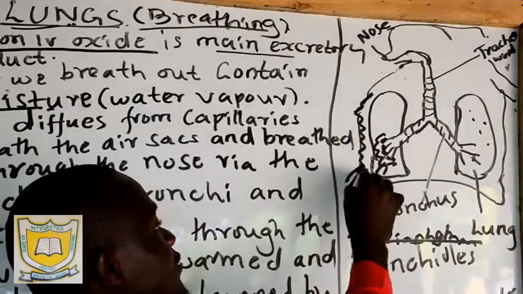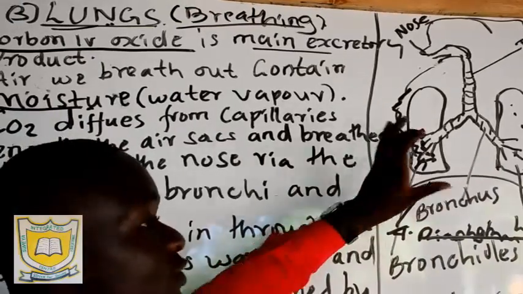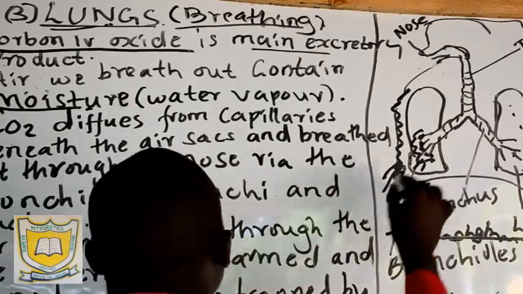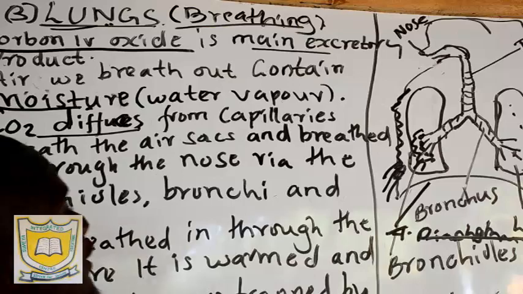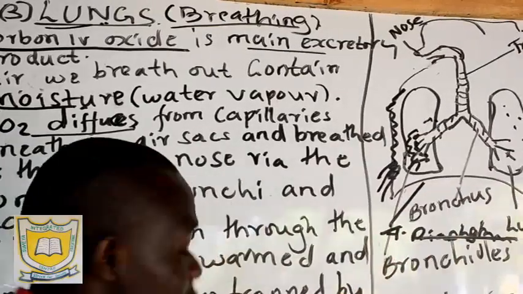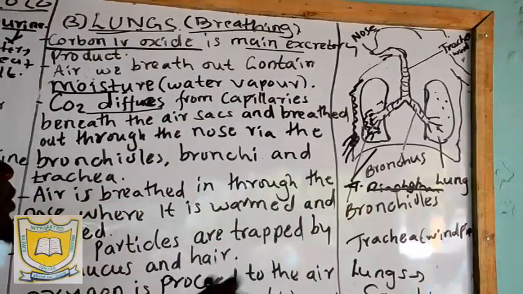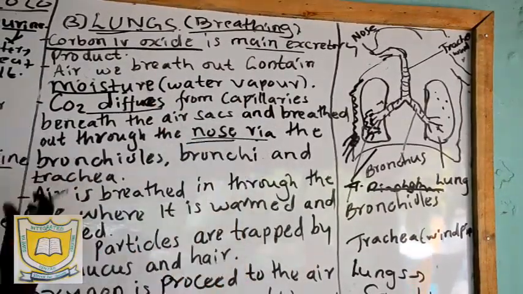When this deoxygenated blood is taken back to the lungs, it contains carbon dioxide. The carbon dioxide diffuses to the lungs. After diffusion to the lungs, it is breathed out through the nose.